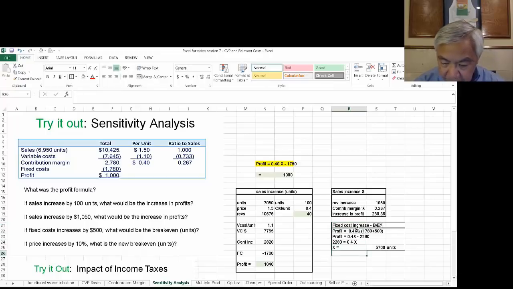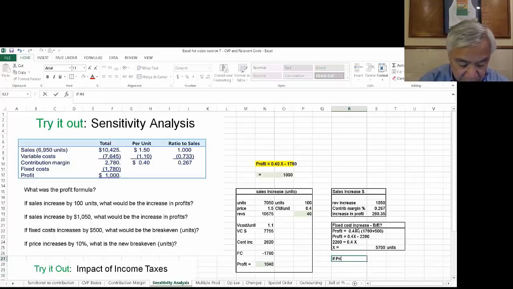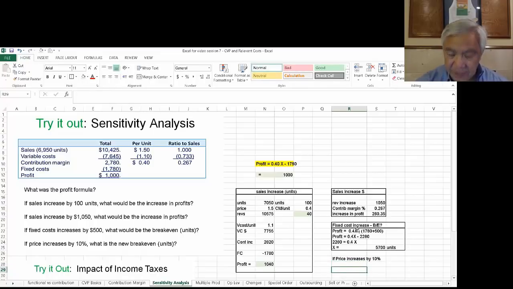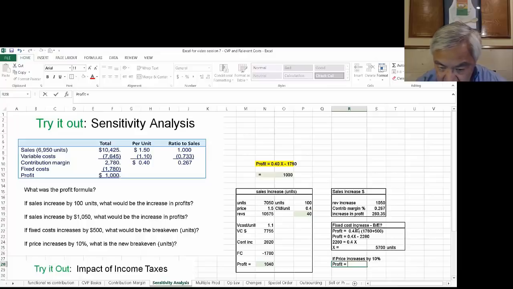All right. And finally, we say if price increases, what will be the new break even? So same thing, if price increases by 10%. We can use our same profit formula. Profit equals the 0.4, but now we have price increased by 10%.